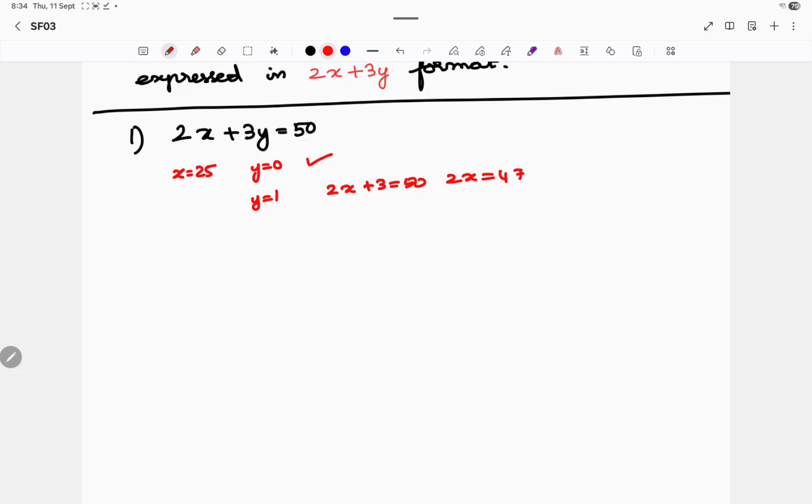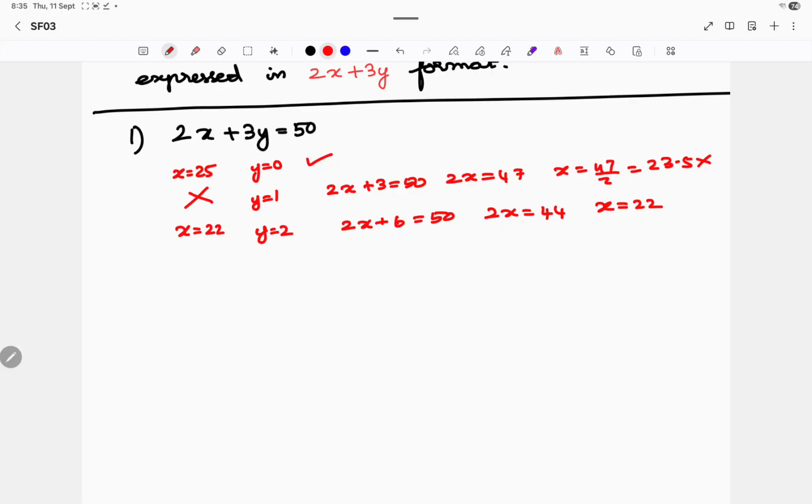Whatever whole number value I substitute for x, I will not get it, because x is equal to 47 by 2, which is 23.5, which is not a whole number. So there is no whole number solution here. If I substitute y equals 2, I get 2x plus 6 equals 50, or 2x equals 44, or x equals 22. I am getting a solution.